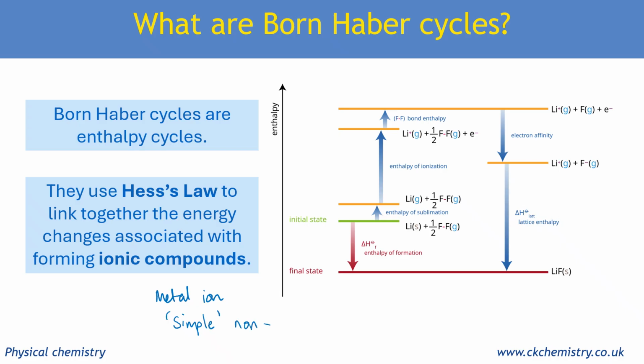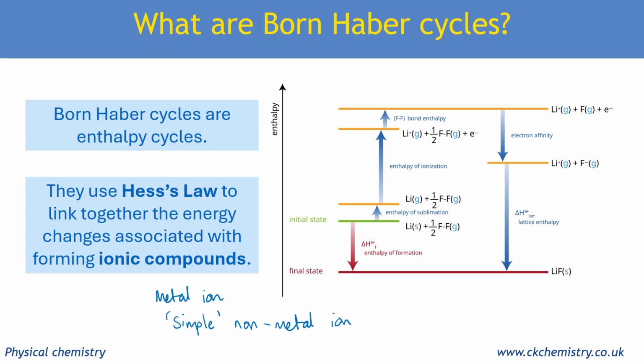By simple I mean things like fluoride, chloride, bromide, iodide, maybe oxide or sulfide, so we're limiting things to group 7 or group 6, and we're not talking about hydroxide, sulfate, nitrate, carbonate, etc., for reasons which should become clear as we go through the Born Haber cycle.